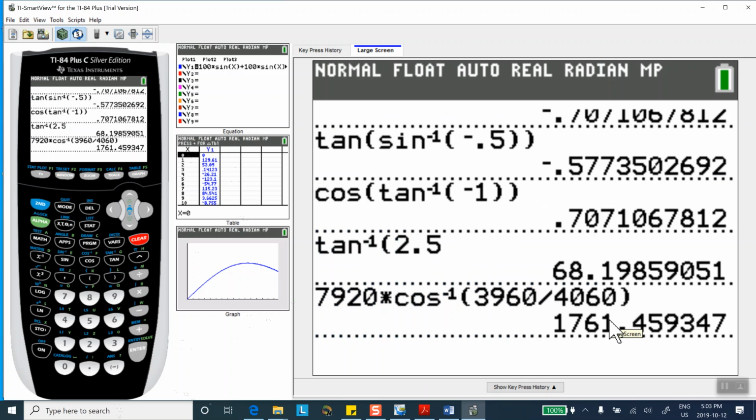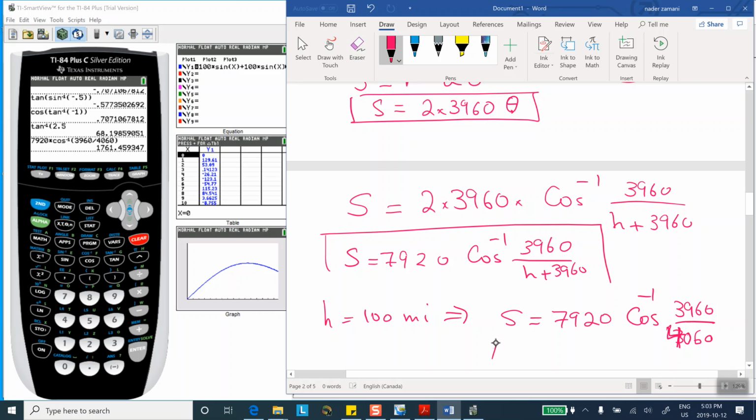There: 1761.0. So the answer here is 1761 miles.